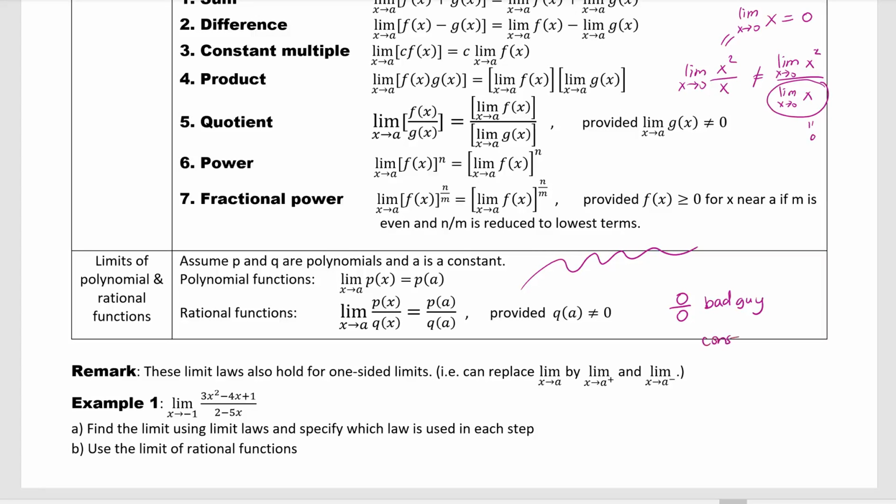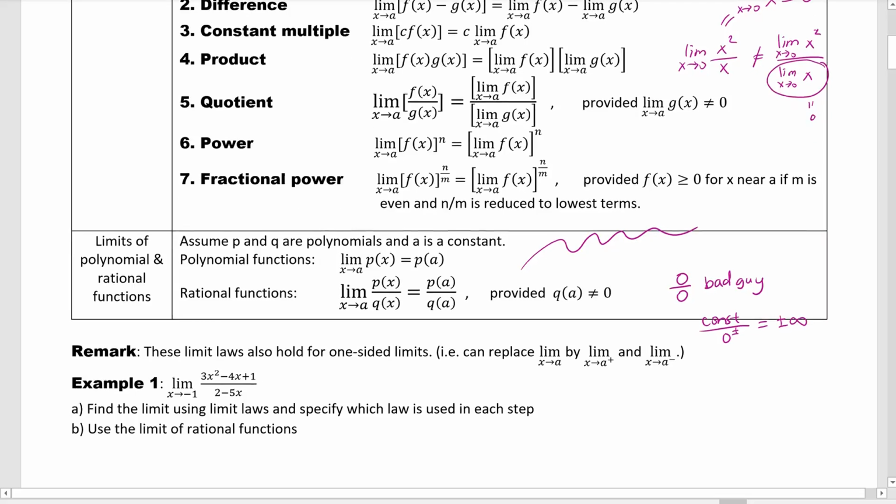If we have a constant over 0, because x is not exactly at the value but getting close to it, the denominator is a number getting close to 0, so this will give us plus or minus infinity. It depends on how many minus signs are in the factorization. Also, these limit laws hold for one-sided limits, so we can replace the two-sided limits by left-sided or right-sided limits.